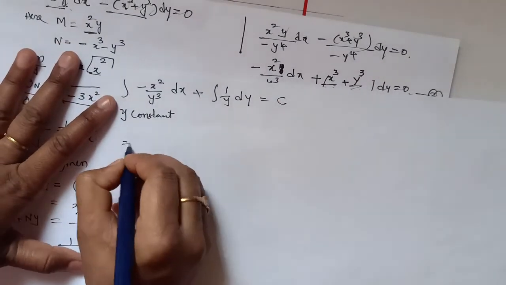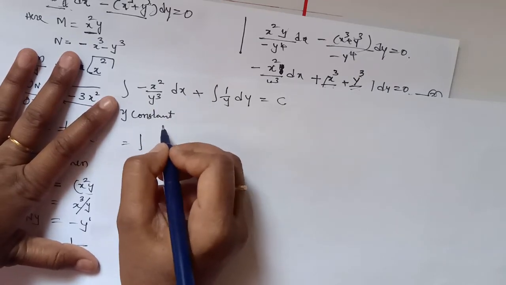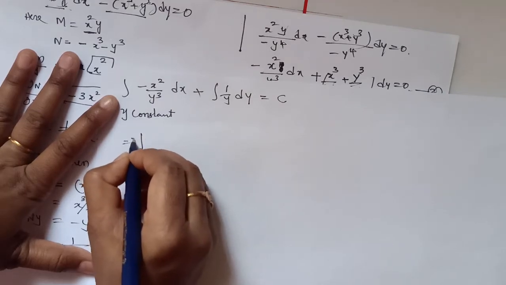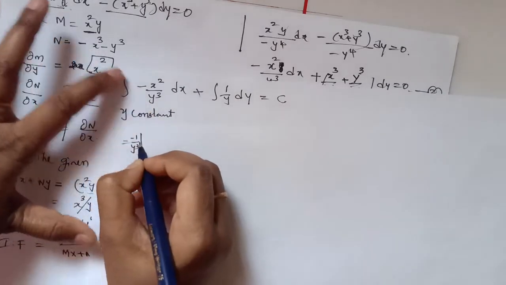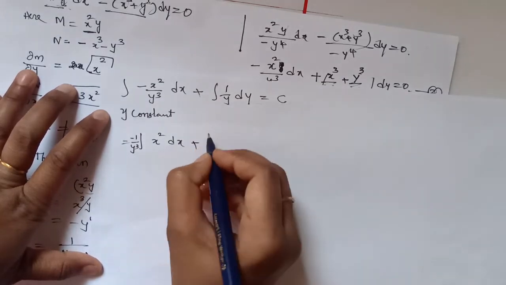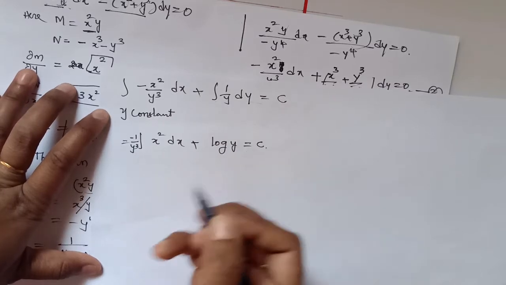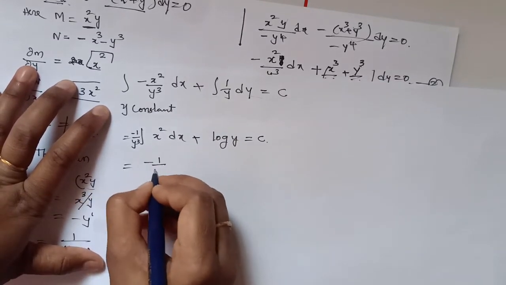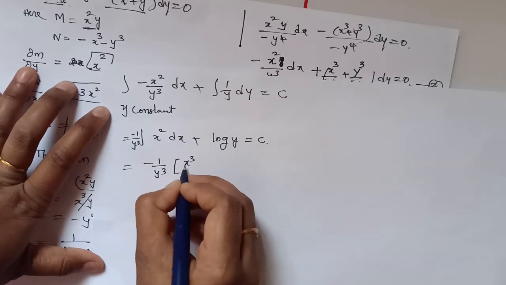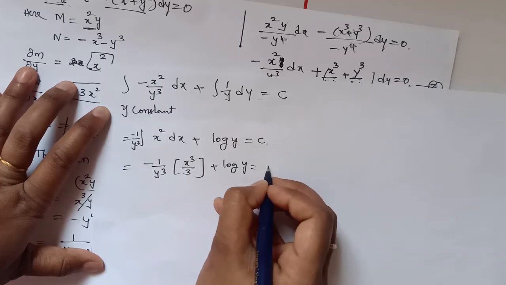Now when you are integrating with respect to x, we have to consider y as a constant. So minus 1 by y cube, you can write outside of the integral x square dx, plus 1 by y dy is log y, is equal to c. So minus 1 by y cube, x square integration is x cube by 3, plus log y is equal to c.